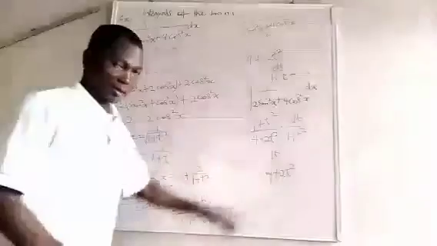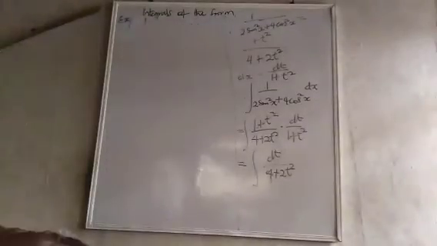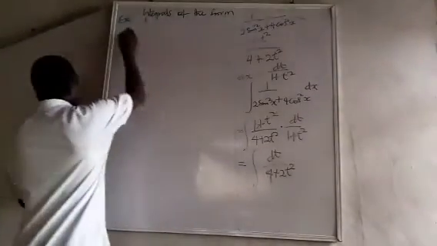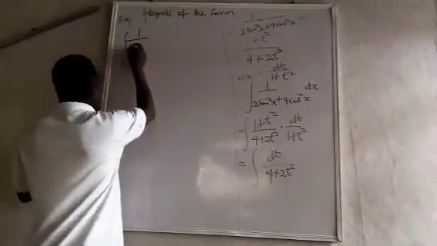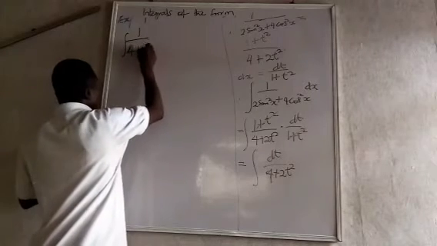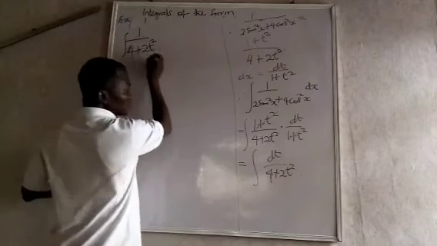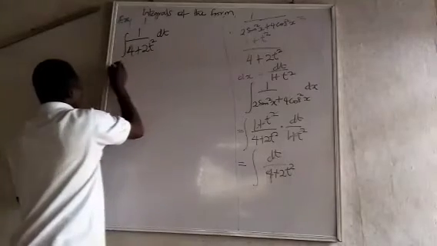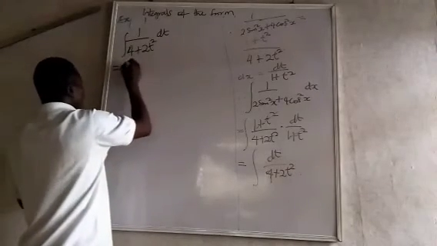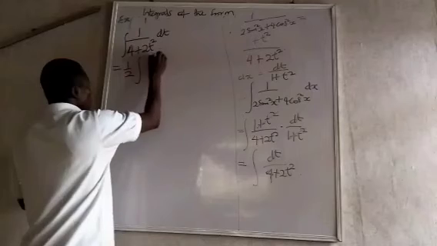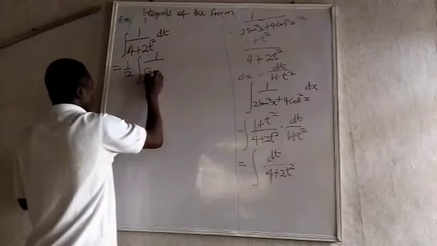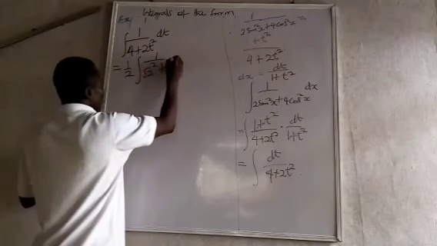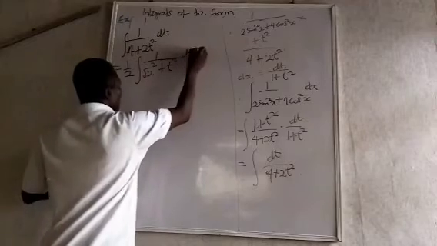Now let's work on this. 1 over 4 plus 2t squared dt is now going to give me, let me divide it by 2, 1 over 2, so 1 over root 2 squared plus t squared dt.